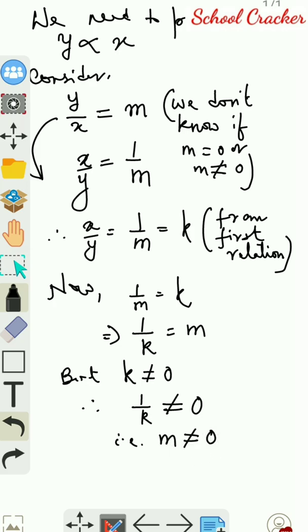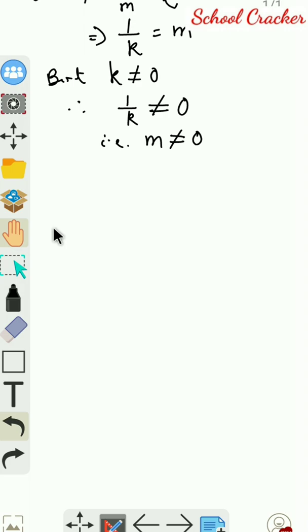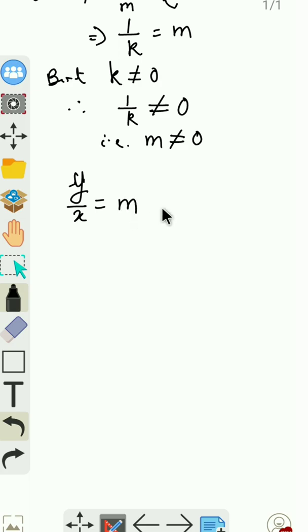Now we have proved that m is not equal to 0, that is y by x equals m, and it is not equal to 0. Therefore I can say y is proportional to x. Proved.